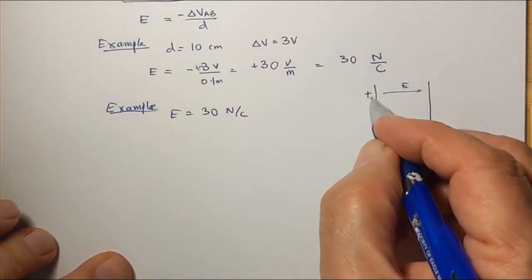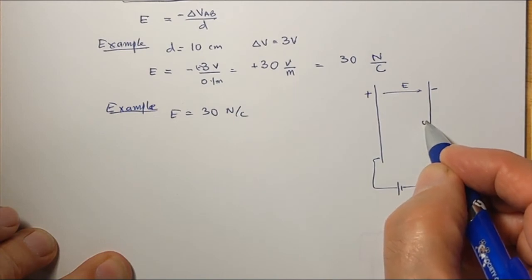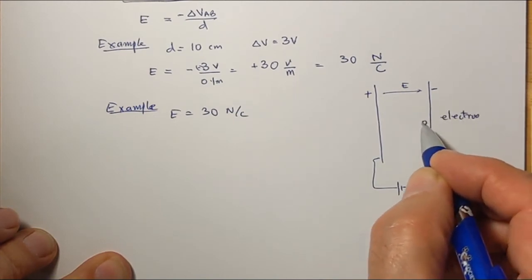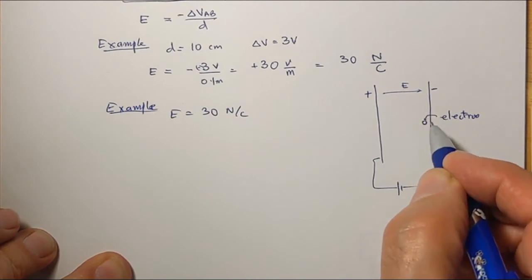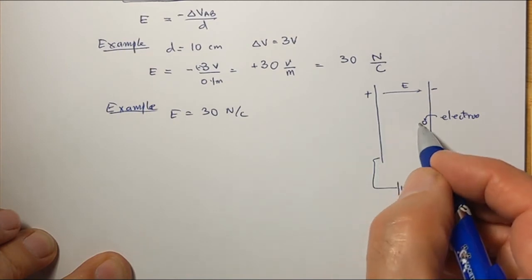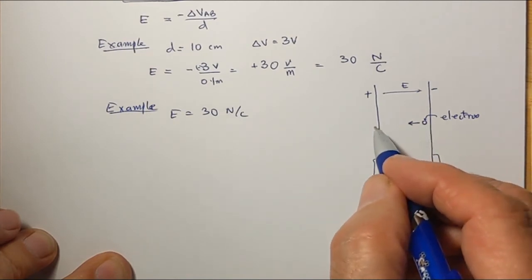This is the positive and the negative plate, and over here we take an electron and we release it. The negative plate will repel it, the positive will attract it, so there will be a force on the electron which will accelerate it towards the left.